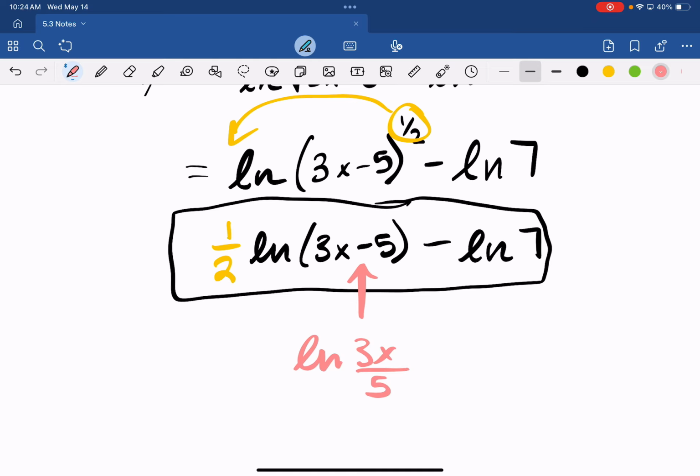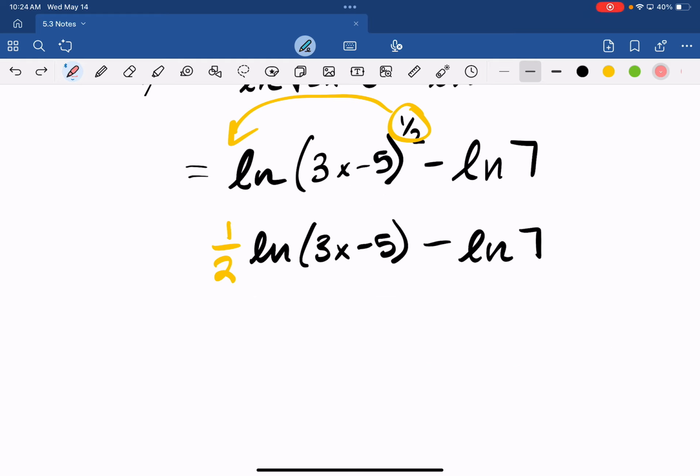So our quotient rule would say this right here that I wrote in pink is really that, where I have an ln on the 5 also. I don't have an ln on the 5. My natural log is on the entire 3x minus 5. So these are different. So don't simplify this with a fraction. Any questions for me on that last one?